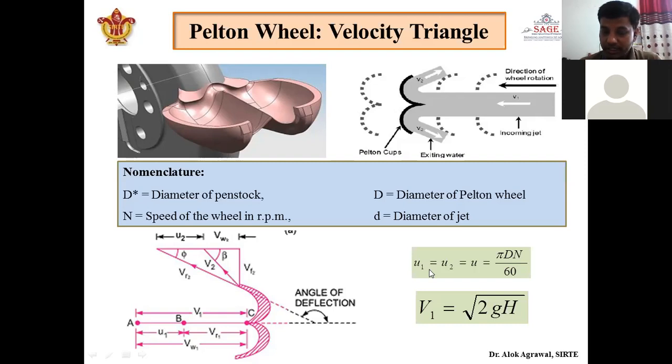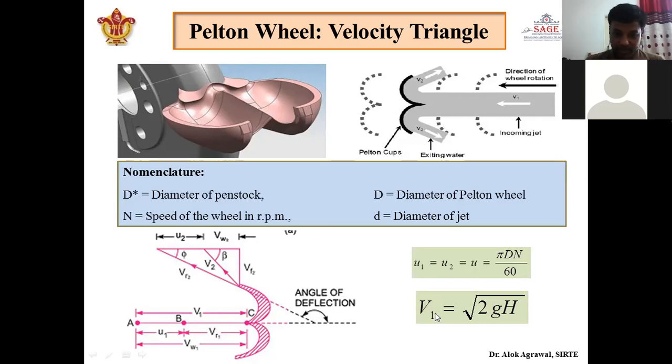So inlet blade velocity and outlet blade velocity will be given as pi D N by 60, and it will remain the same because inlet and outlet of the jet are at the same distance from the center of the rotating axis. So u1 and u2 will remain the same, that is pi D N by 60.